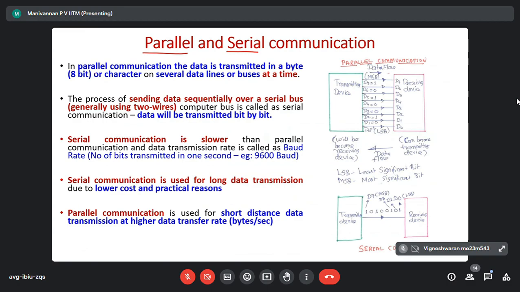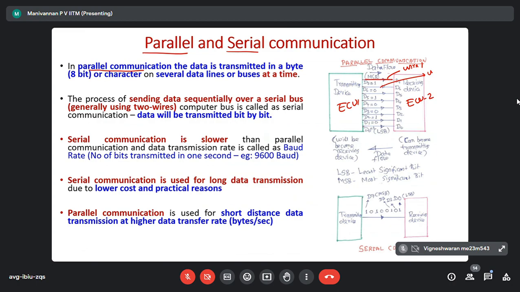In a parallel communication bus, say my 2 ECUs are there. This is ECU1, and this is ECU2. These are connected by a parallel bus, which means each line represents 1 wire. Wire 1, wire 2.